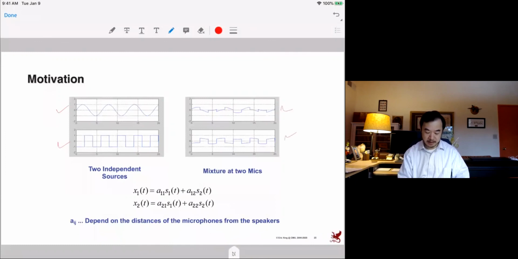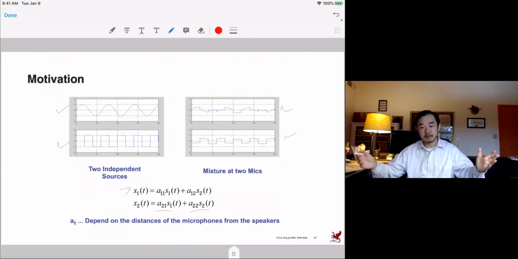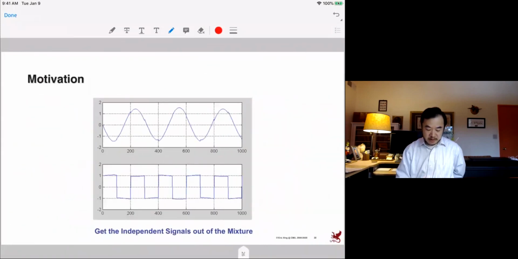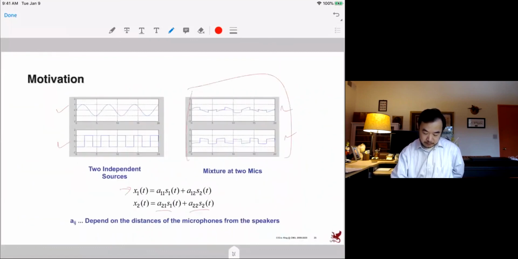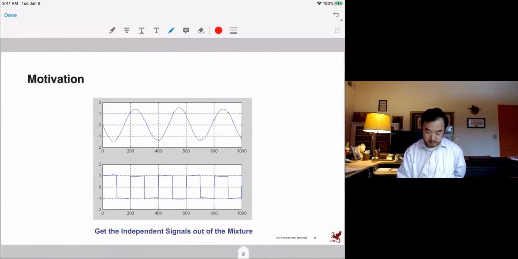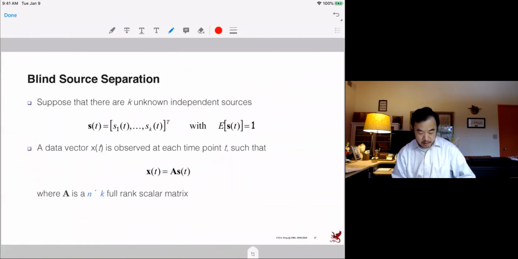They are basically the result of linear or nonlinear transformations, where each receiver, of course, picks up the two signals with different weighted combinations. Right? And our motivation is that, given this, you want to recover that. So that's a quite practical problem known as blind source separation.